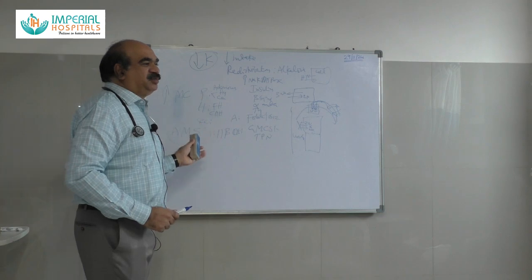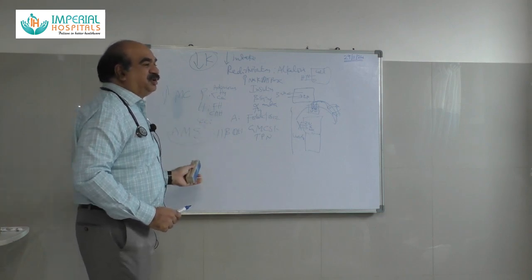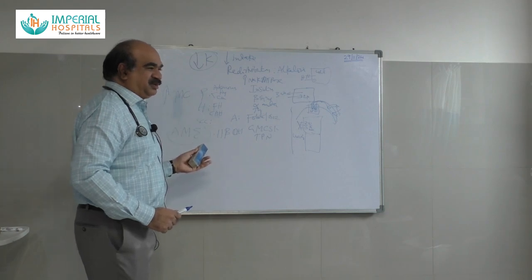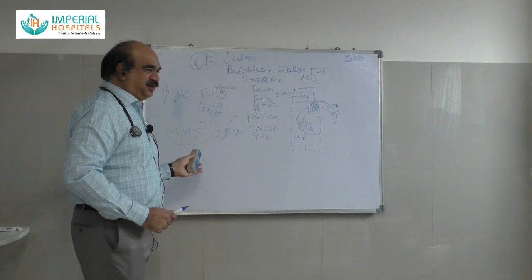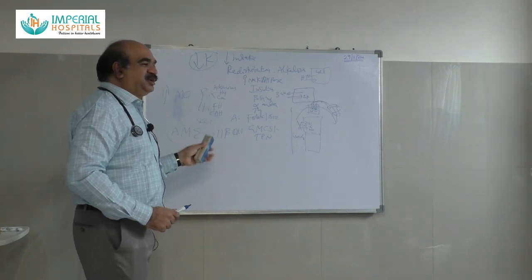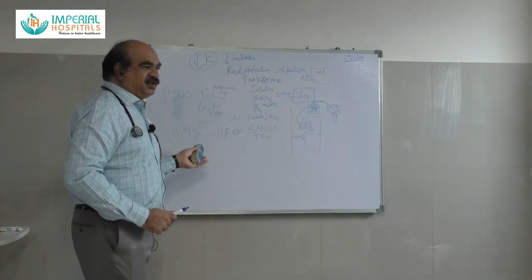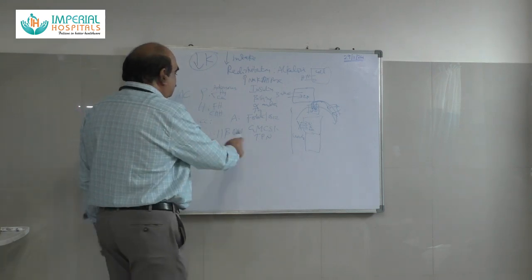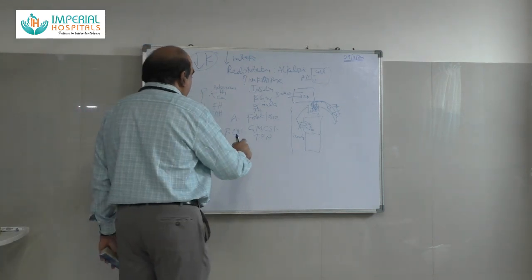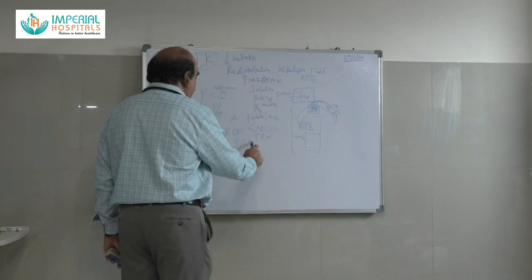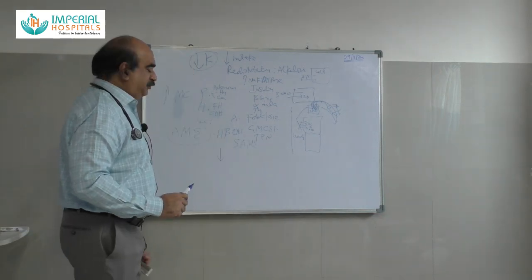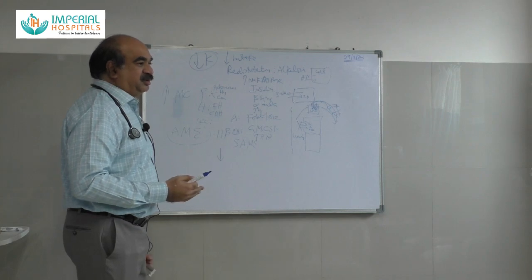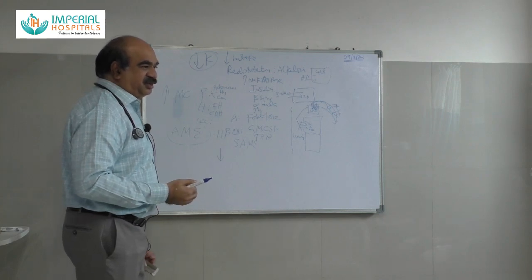So that cortisol has mineralocorticoid activity that can cause sodium retention and potassium secretion. It's apparent mineralocorticoid excess. There is no increase in aldosterone levels, but the ENaC channel is activated because of cortisol activity. Cortisol to cortisone conversion is inhibited because of deficiency of the enzyme. So genetic inhibition of the enzyme is called the syndrome of apparent mineralocorticoid excess. The second one is inhibition by some drugs: carbenoxolone, licorice, glycyrrhetinic acid, glycyrrhizinic acid.